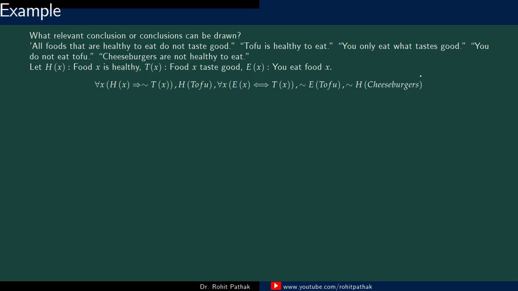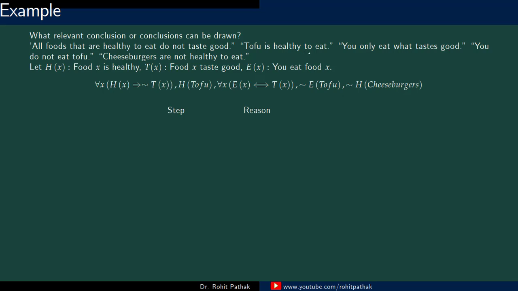Then the premises are: for all x, Hx implies negation Tx. So for all foods which are healthy, they do not taste good. If food is healthy, then it does not taste good. So these are the premises.